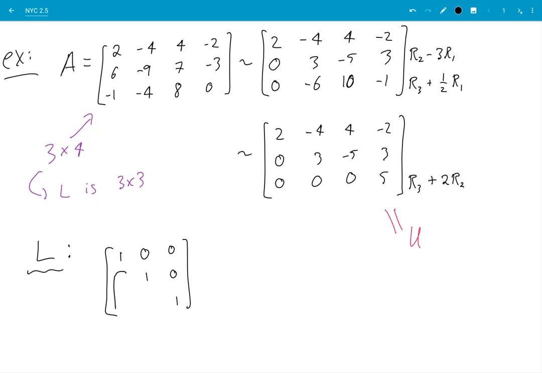I want to choose entries down here so that if I perform this sequence of operations on my L, I will end up with the identity.